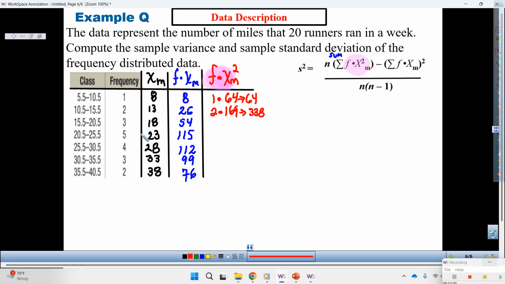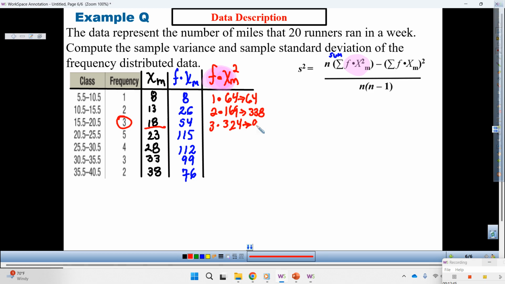That is correct. Next one. 3, which is this one, times the midpoint squared. So what is 18 squared? Come on, calculators. 324. So what is 3 times 324?